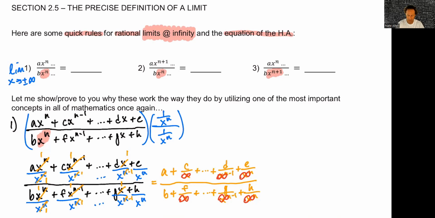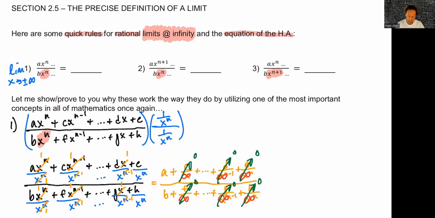whenever we had a number, C, D, E, F, G, H, whatever, divided by a really big number, such as infinity? All of those things would go to what? They would all approach 0. And we're okay with that because we are adding or subtracting all of these terms, and when we add or subtract nothing, we get nothing from them.